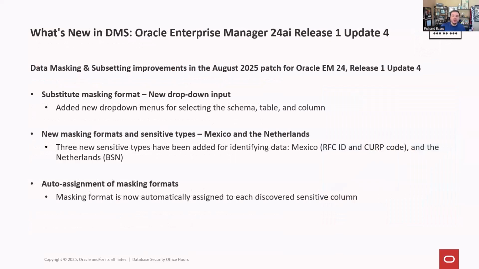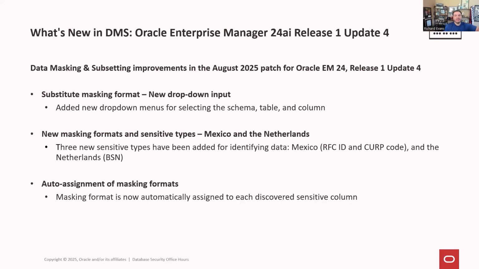We've got some new and updated capabilities in the data masking capabilities in Enterprise Manager. Enterprise Manager 24ai came out almost a year ago, in December of last year, and we are on release 1, update 4. For our data masking and subsetting pack, part of the Enterprise Manager platform, we've got substitute masking formats, and new drop-down windows that make it easier to select the table, schemas, and columns.